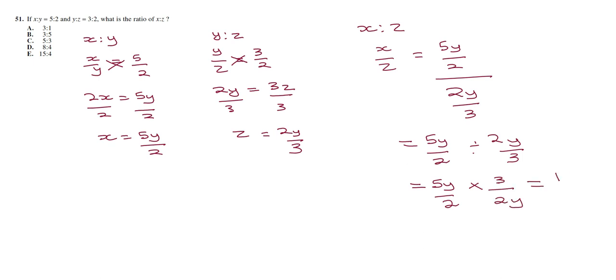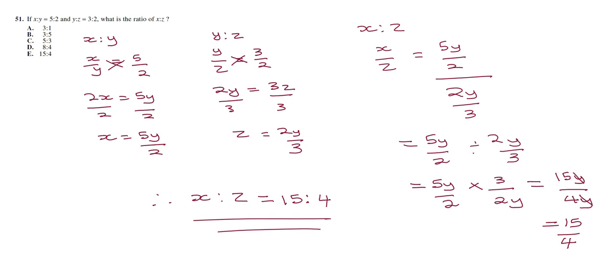So we have 15y over 4y, which is, we can cross out the y's, and we have 15 over 4. So therefore, we can say that the ratio of x to z is the same as the ratio 15 to 4. That is option E.